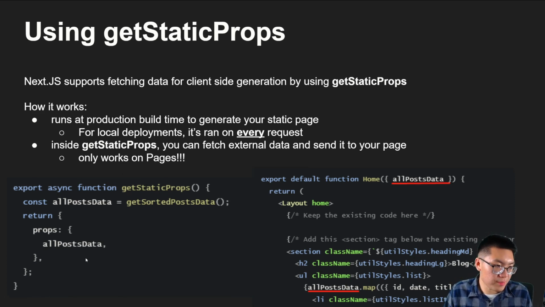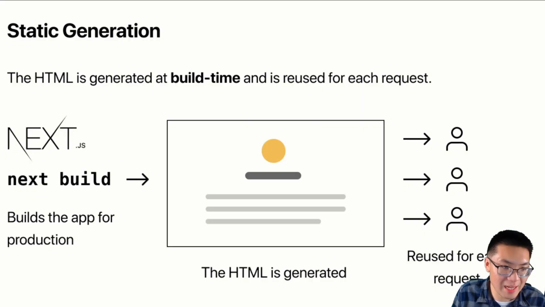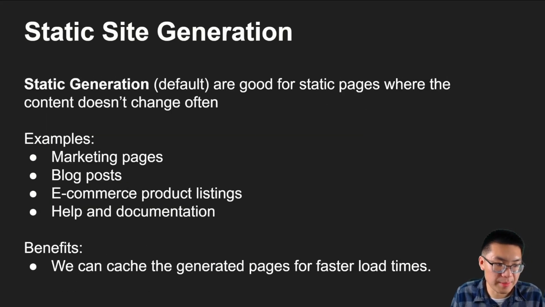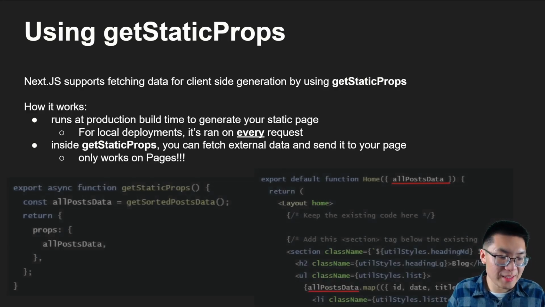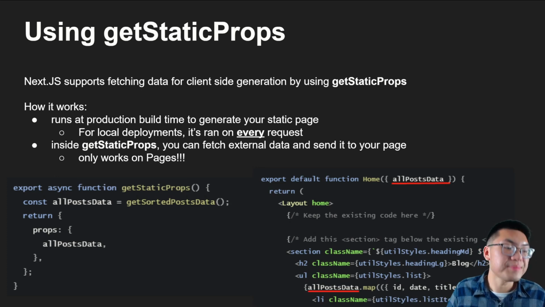This function right here is only called once during build time. So if I were to have an app like Twitter, which is constantly changing, I would never get the newest data because I would just have static data from the only one time during build where I actually used it. So that's why it's good for static things like blog posts and documentation, maybe marketing pages, things that don't change that often, but it's very bad for things that change literally by the second.